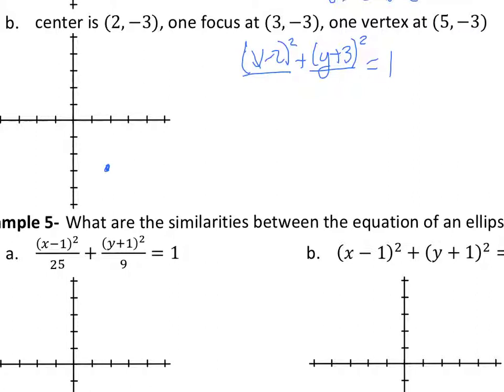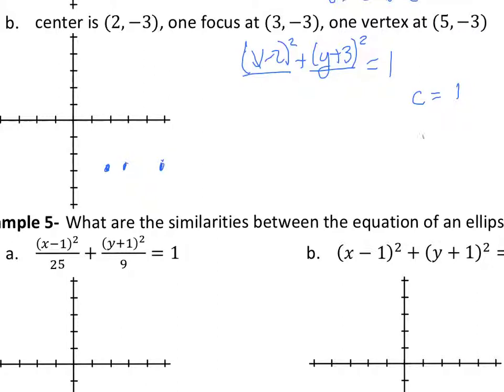Okay, so one focus is at (3, -3). So there's a focus. Now, what does that mean C is? If the center's at (2, -3), and the focus is at (3, -3), what's C? 1. Good.